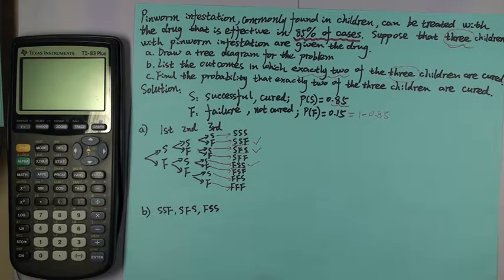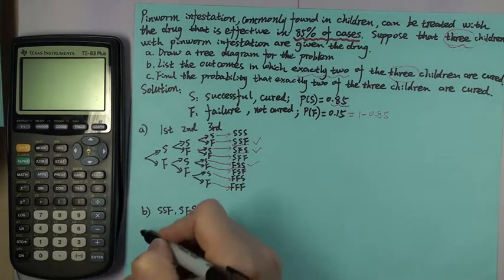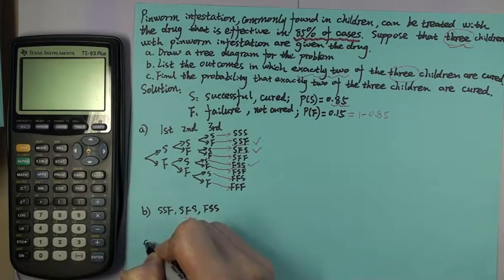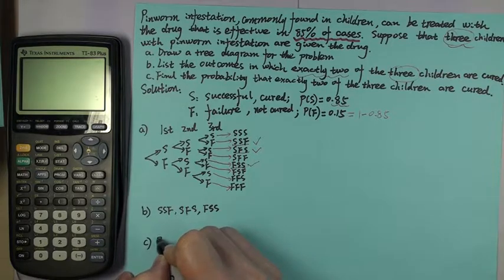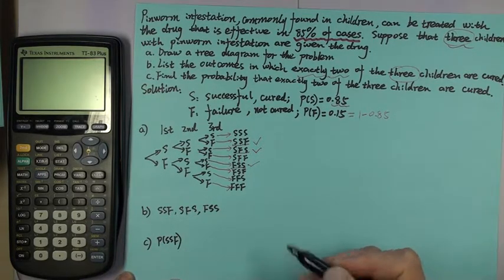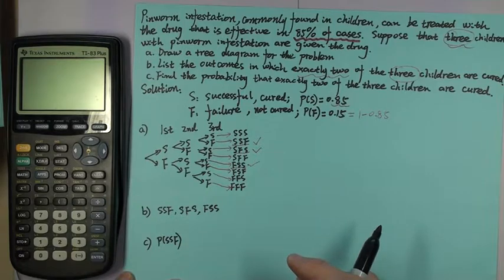Now look, for C, what you do is P of S, S, F. That's for this one.